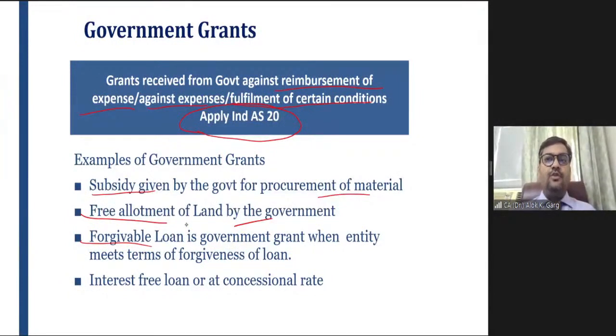So for example, there is a Max hospital or a Vedanta hospital, and the government is saying, if you provide free of cost services to the patient, then we will give you a grant. For example, we are providing you 1 crore rupees, and you have to provide free of cost services to all the patients.